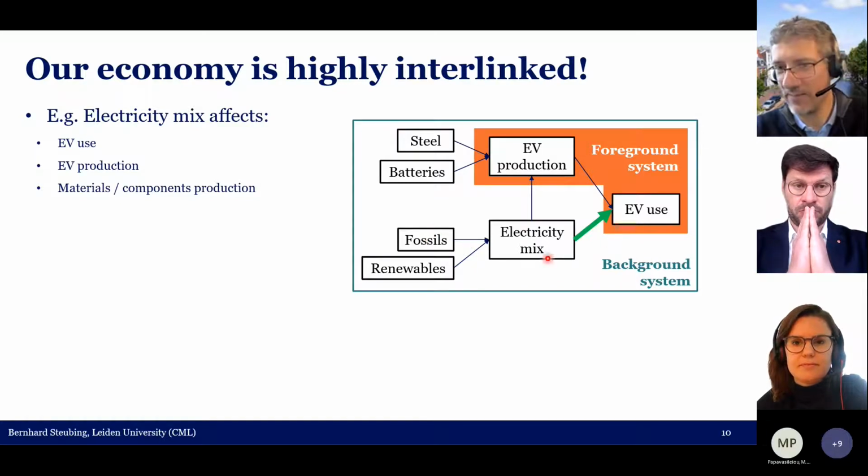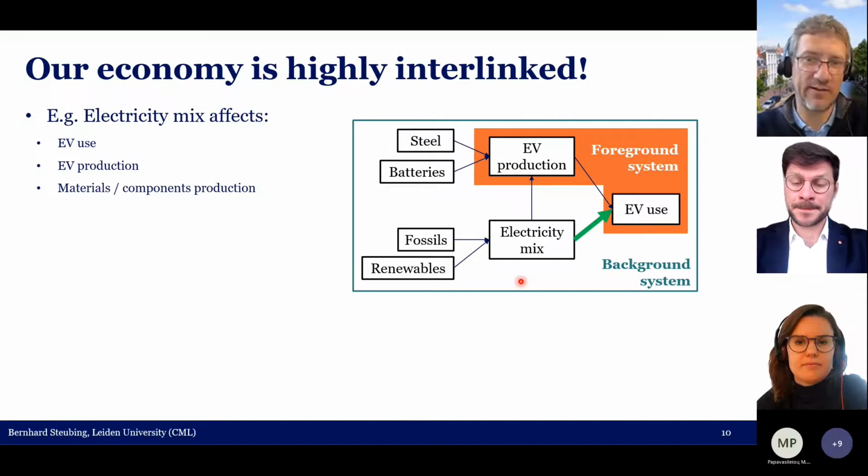It's fairly straightforward for an LCA practitioner to alter the electricity mix that is directly used in the EV, and thereby simulate a future scenario.